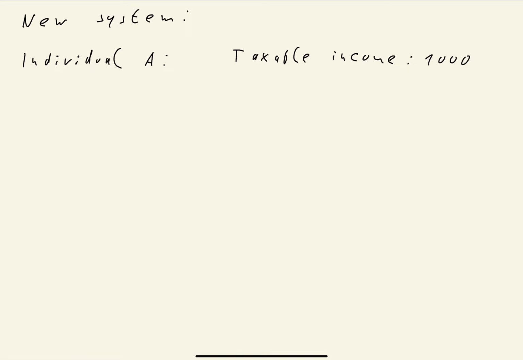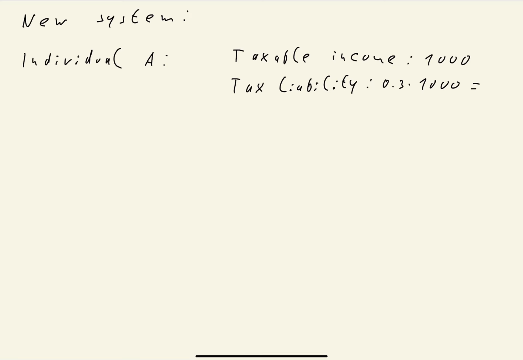So we can apply the new tax schedule on this 1,000 units of taxable income. Therefore, in the next step, what we calculate is the tax liability. And the tax liability is simply now, please be careful, here we have a 30% tax rate, so it's 0.3 times 1,000, and this is equal to 300.